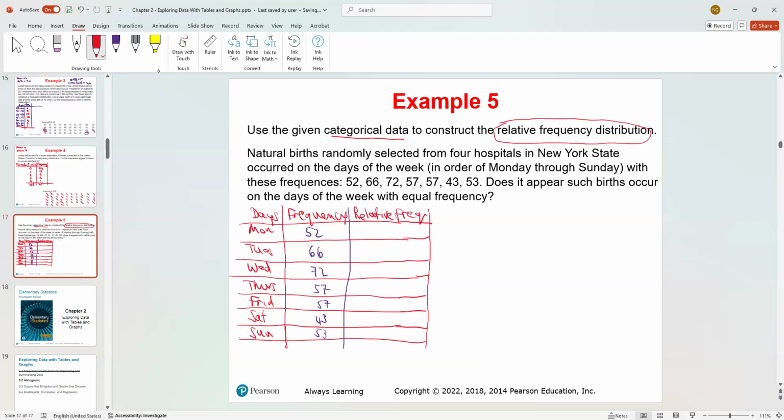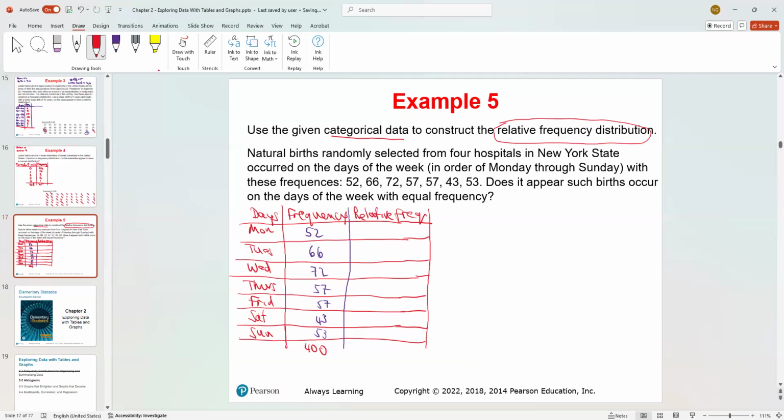If I grab my calculator, I do 52 plus 66 plus 72 plus 57 plus 57 plus 43 plus 53. The total is 400.